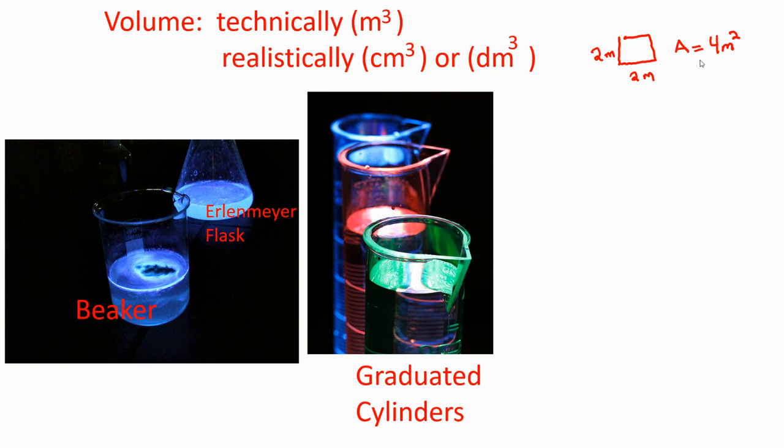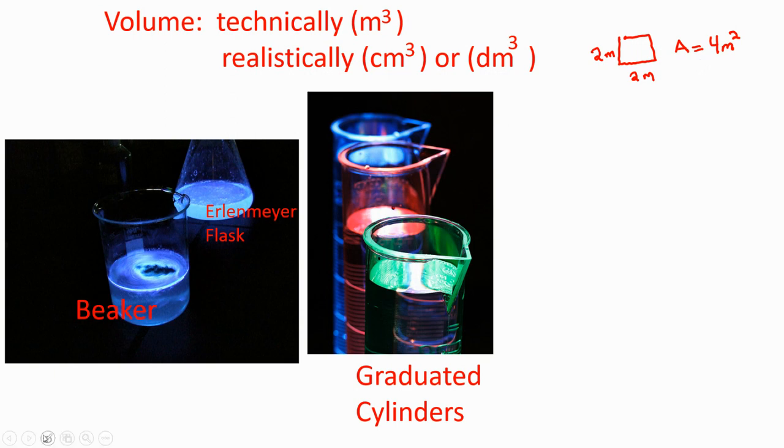We use area occasionally in chemistry, but it's more common for us to use volume. And volume is a unit that involves 3 dimensions. You can think of it as length and width and depth or height. Okay. So instead of looking at 2 sides of a square, we would have to look at 3 sides of a cube.